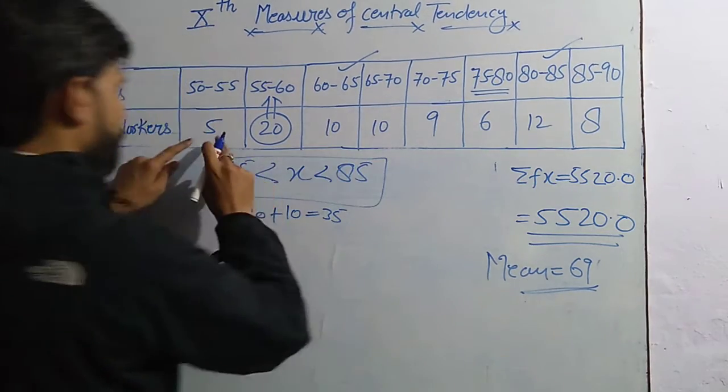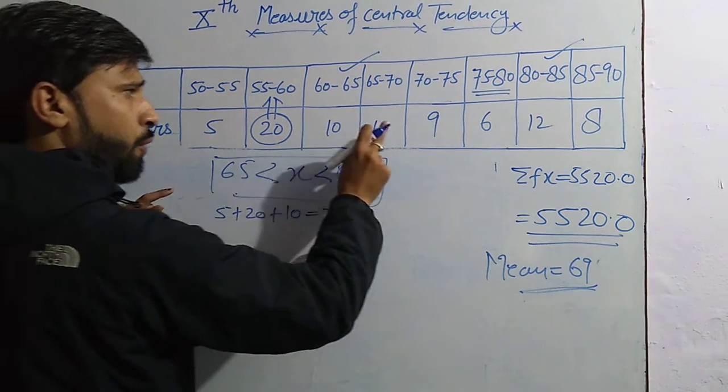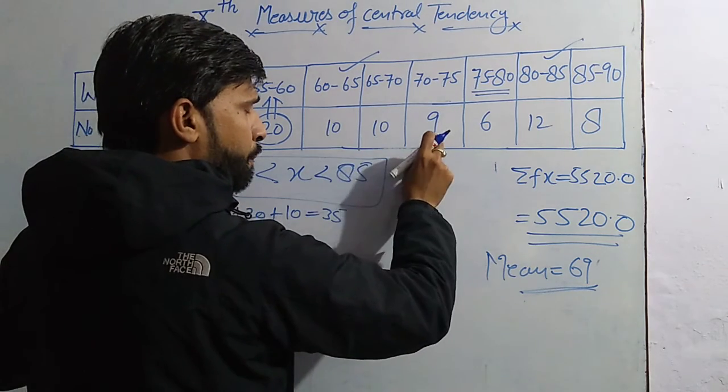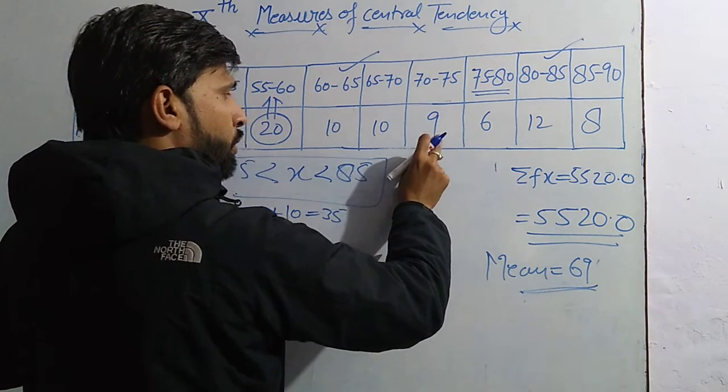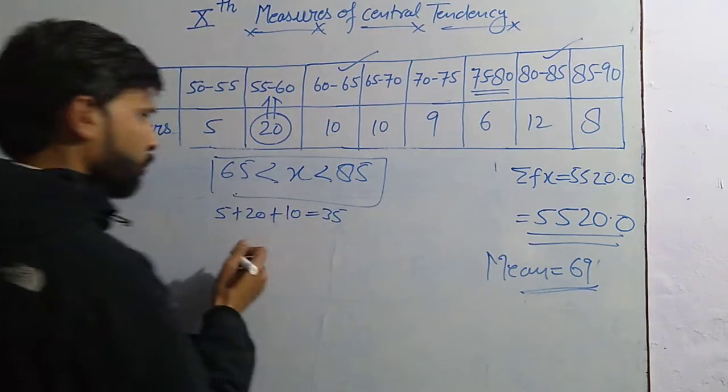After adding 5, 20, 25, 35, 45 and 9, 54, 60, this is 72.